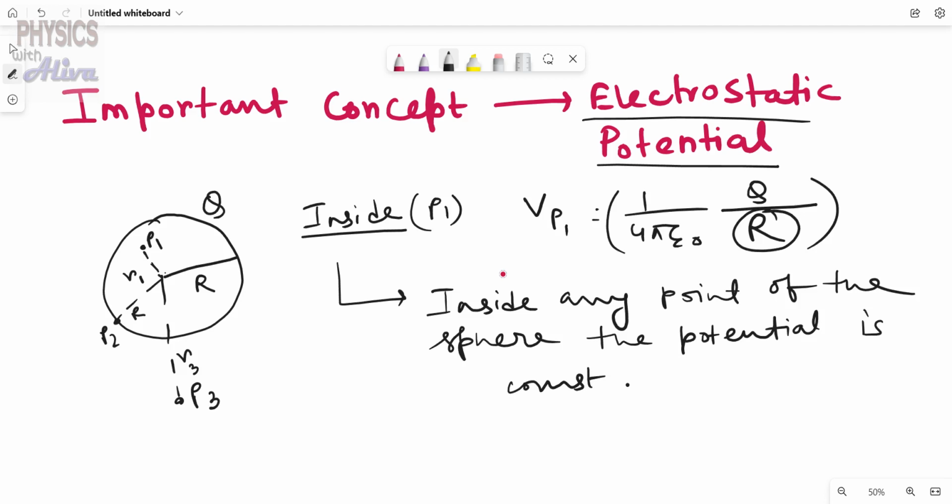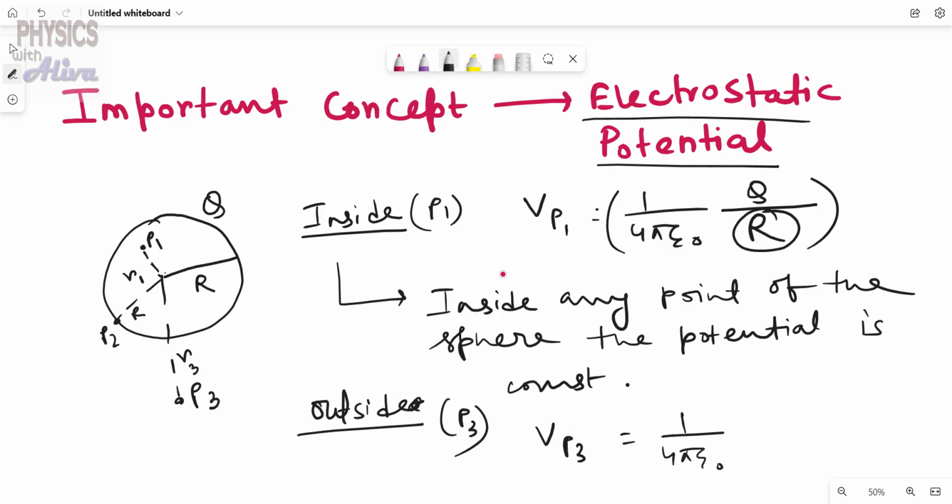Now we will come to the outside point. Which one is the outside point? P3 is the outside point, right? So the potential at P3 is equal to 1 by 4 pi epsilon naught, Q divided by R3. It depends on the distance. And now one point is left, which is on the surface.